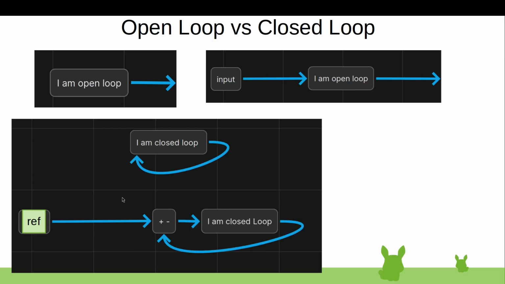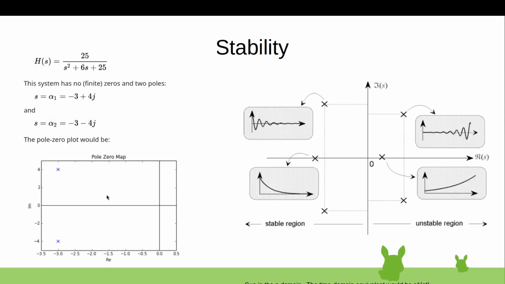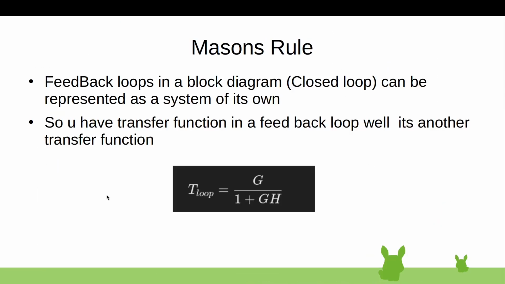So all feedbacks can be one system itself, even with the controller involved. It's just going to represent one new system. But I will talk about its relevance a little later.